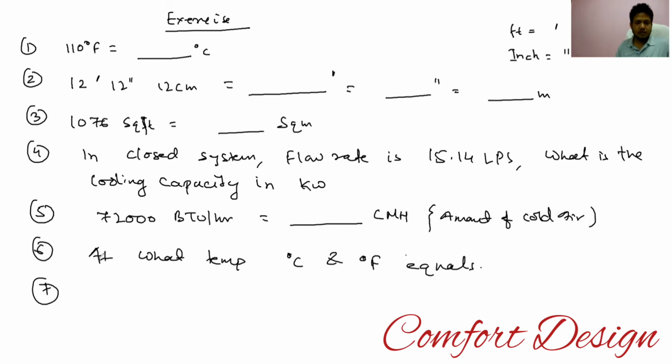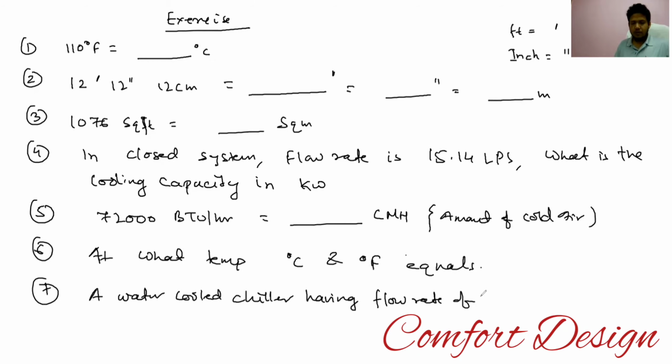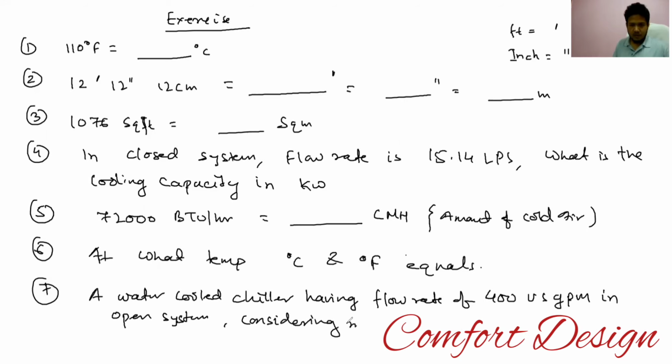Seventh number, water cooled chiller having flow rate of 400 US GPM in open system, considering maximum flow rate, determine capacity of chiller in TR.